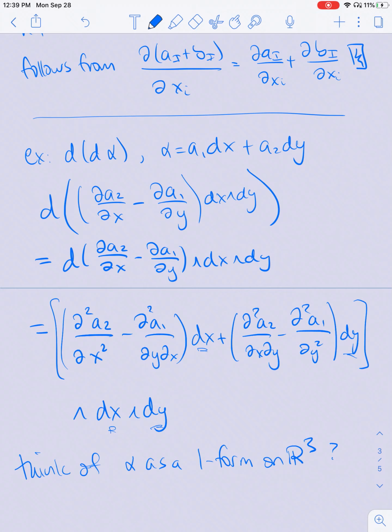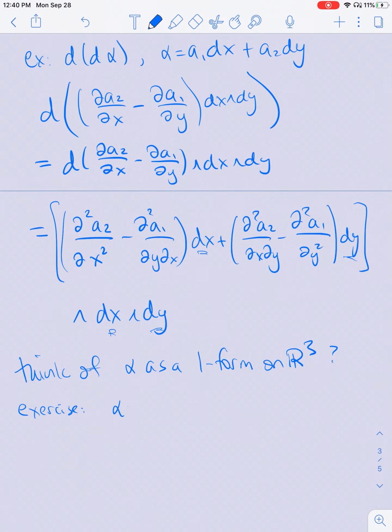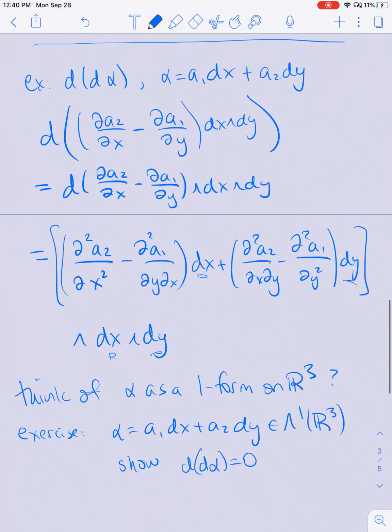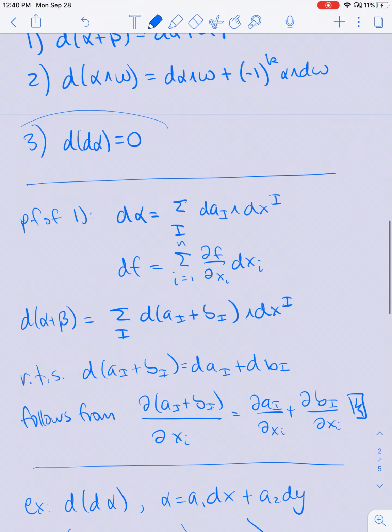But as an exercise, consider alpha equals a1 dx plus a2 dy as a 1 form on R3, and show that d of d alpha is equal to 0. And this maybe would be a good exercise to do before trying to prove this general property.